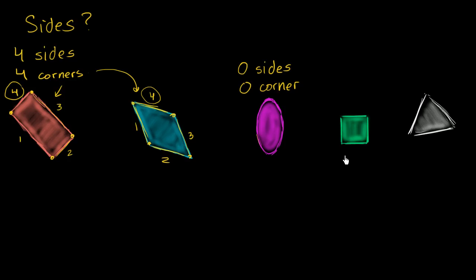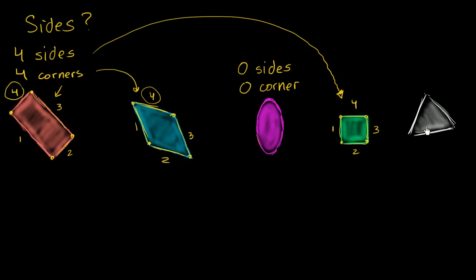What about the green one? Okay, well, let's see. 1 side, 2 sides, 3 sides, and 4 sides. And it also has 1, 2, 3, 4 corners. So this is also 4 sides and 4 corners. Do all shapes have 4 sides and 4 corners? No, not at all. I mean, well, this one right over here had 0 sides and 0 corners.